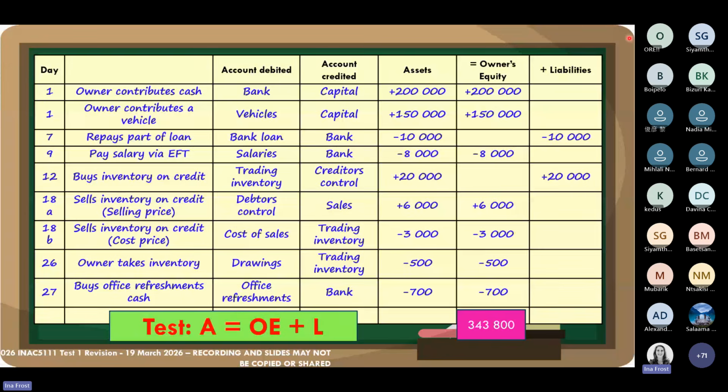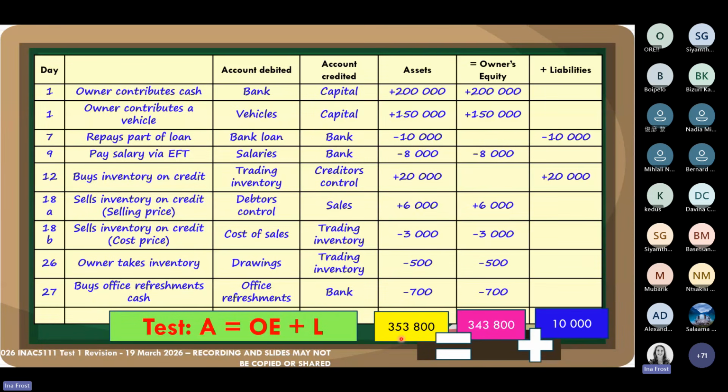So owner's equity comes to 343,800. Liabilities comes to 10,000. And if I add those two together, then it gives me the assets. And so then I quickly add up my assets to see if I actually get to 353,800.